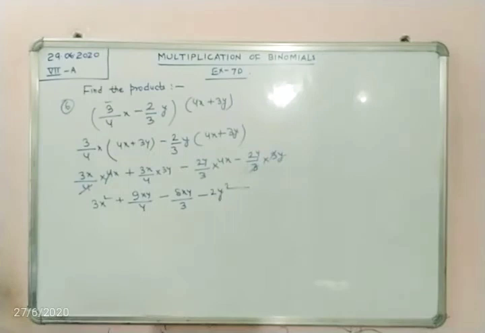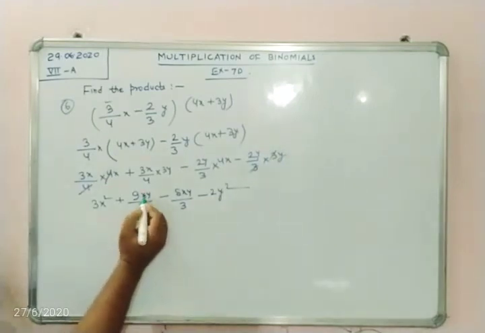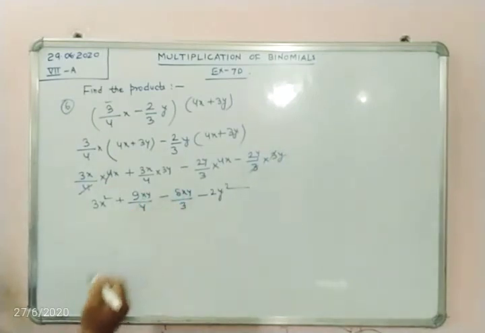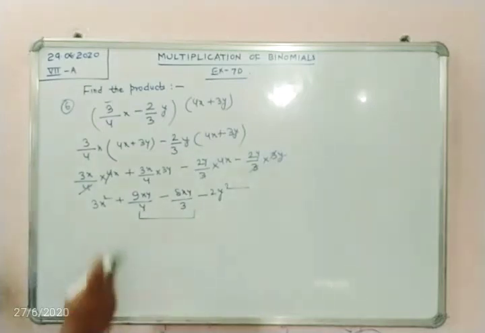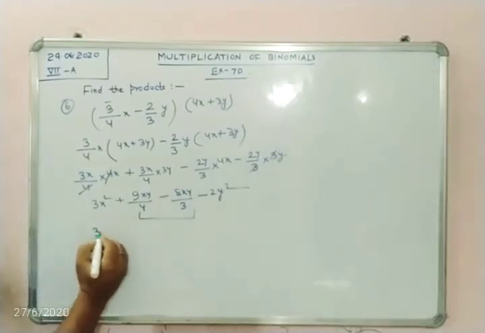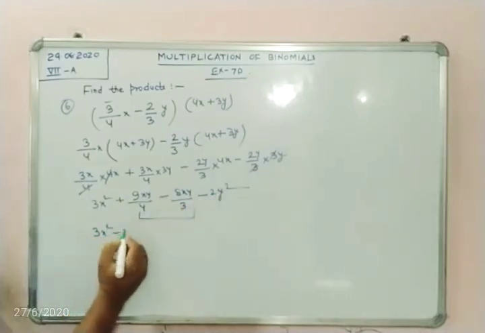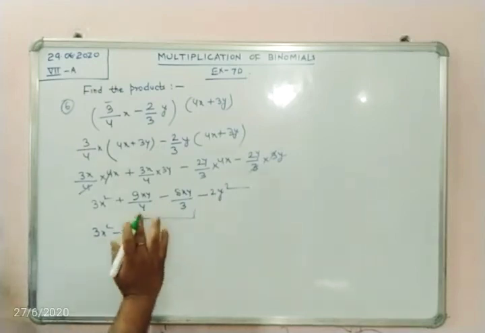Now students, this 9xy and 8xy, both these are like terms, so here we will do the mathematical operation. So plus minus minus, let's see how we can do it. So 3x square minus 2y square I am going to write, and the LCM will be taken between these two.